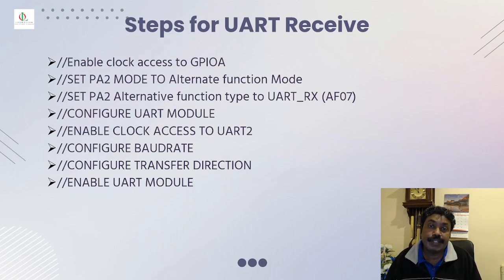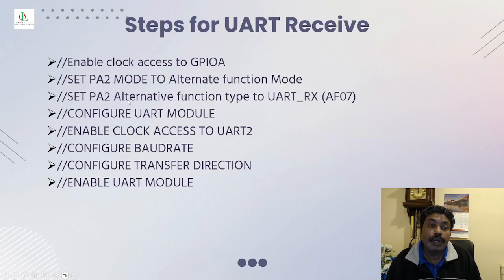And these are all the steps today we're going to learn to write the USART receive from scratch. As you know, you've got to tell the microcontroller which port you are using. So you need to enable the clock access of GPIOA, and that is in RCC, reset and clock control. So you need to go and set the enable there.